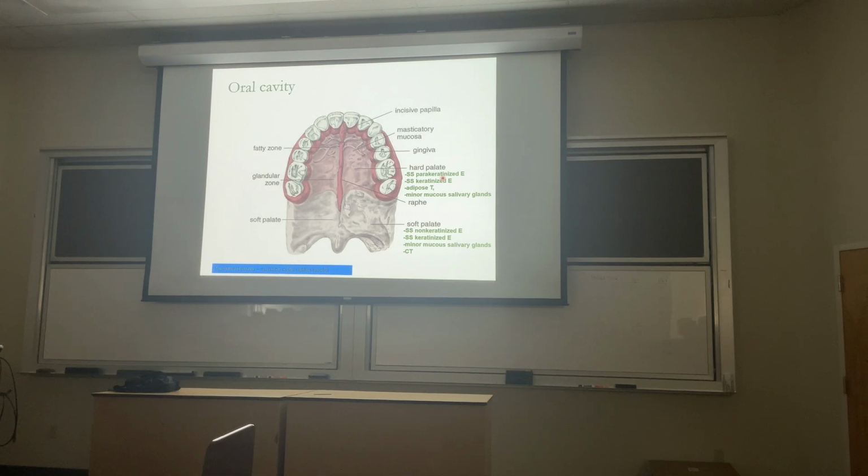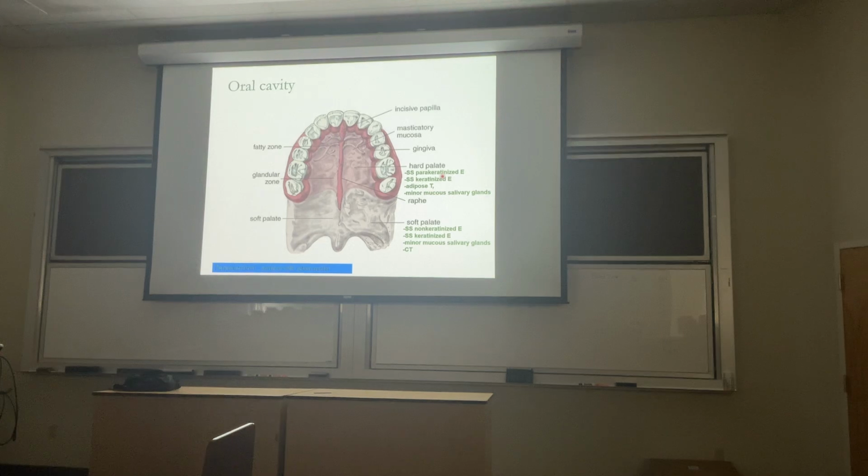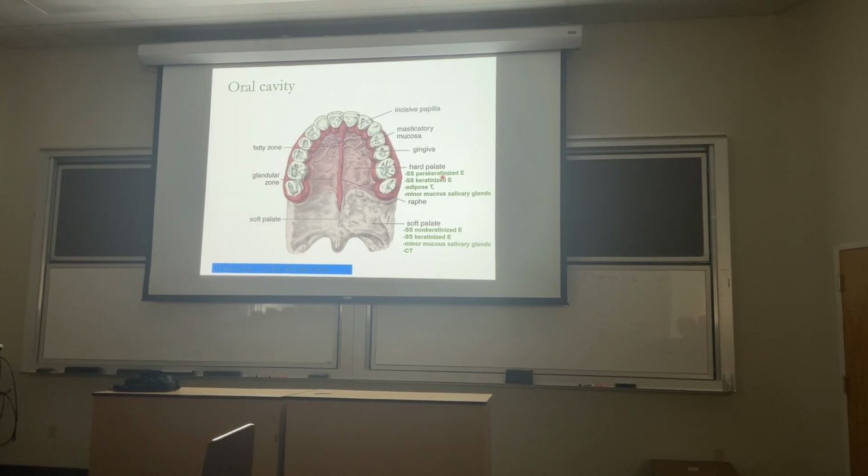In most of our keratinized stratified squamous epithelium, the cells don't retain the nuclei all the way to the surface. So this is a slight variation on keratinized stratified squamous, where they keep their nuclei, and so we call it parakeratinized.